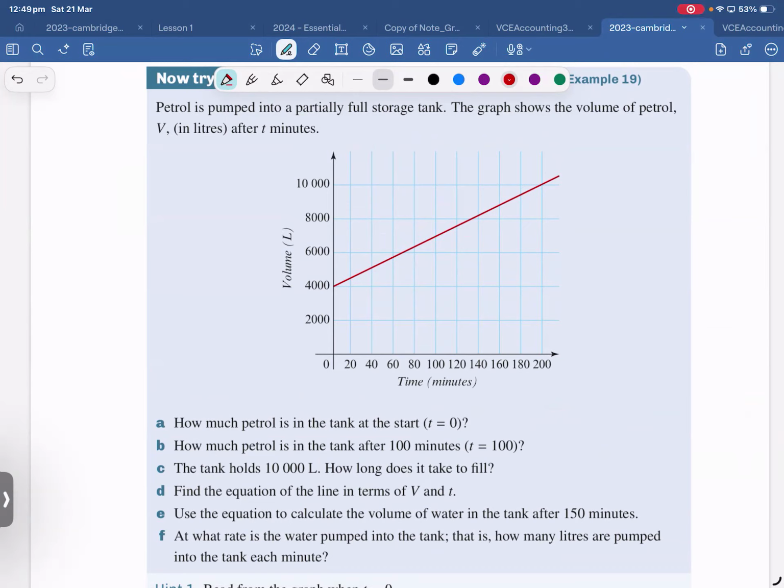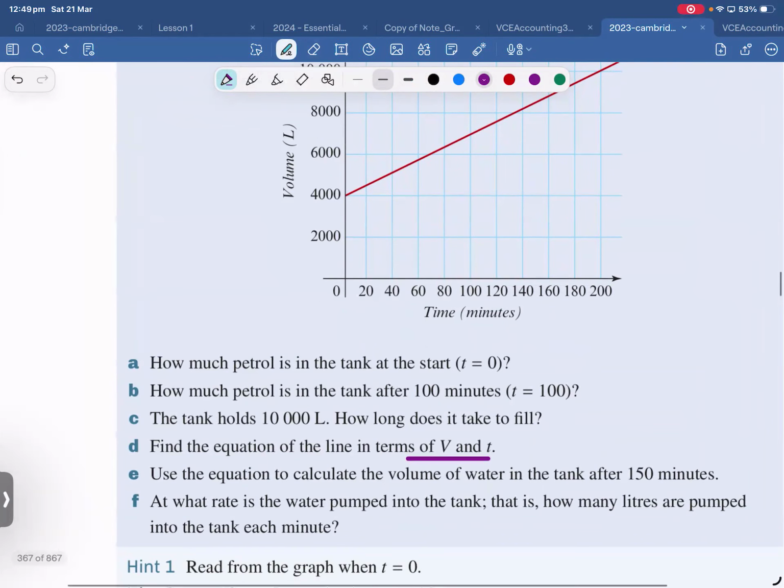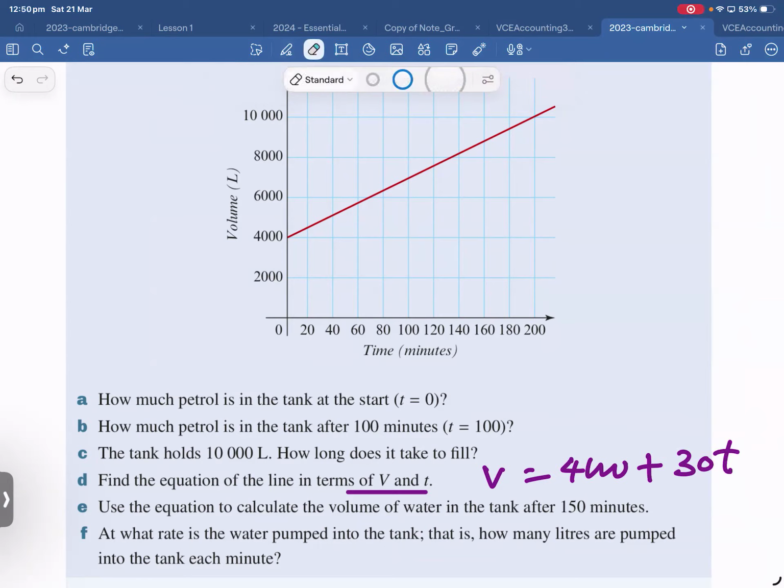The equation y equals a plus 30x. Now this one, you have to write in this format, V and T. So then you can say V equals 4,000 plus 30T.